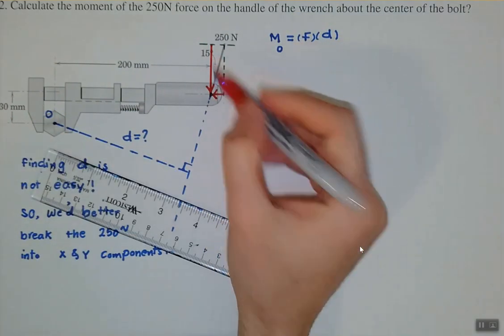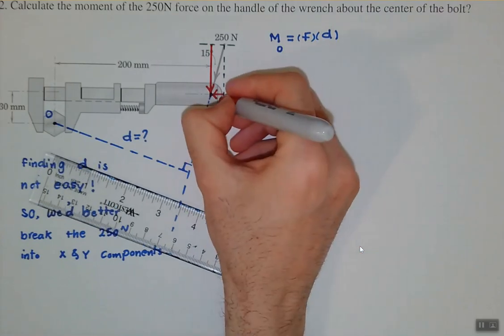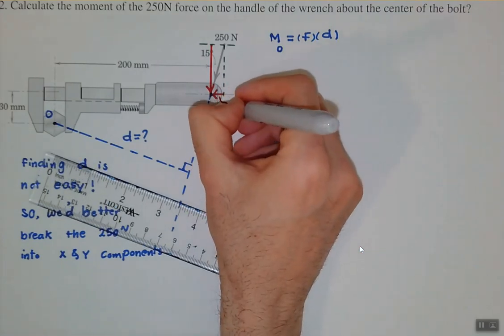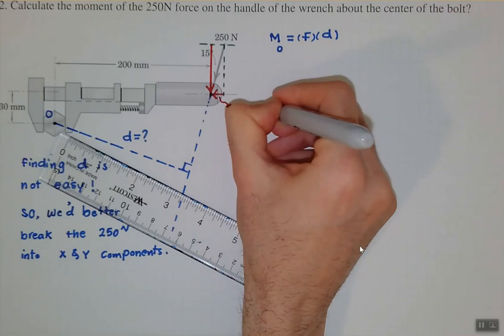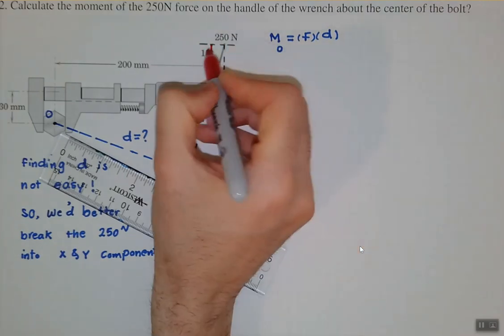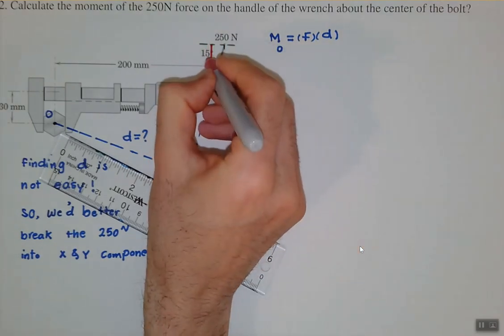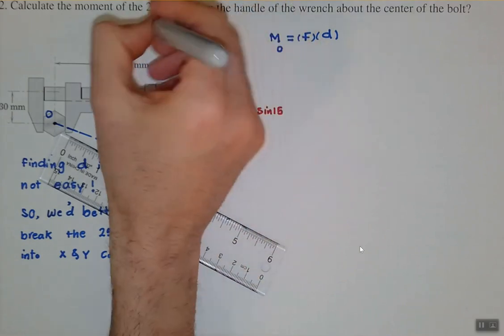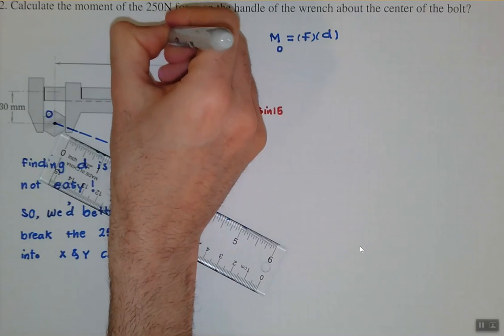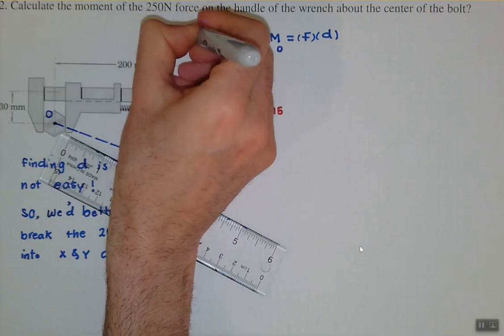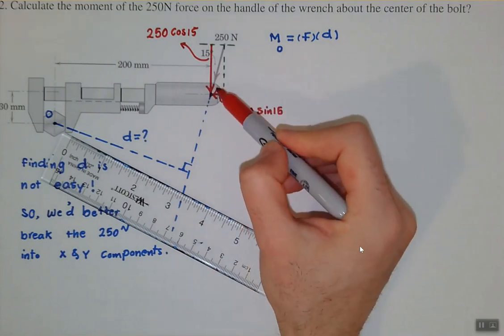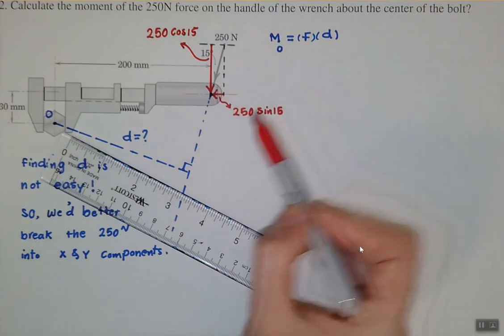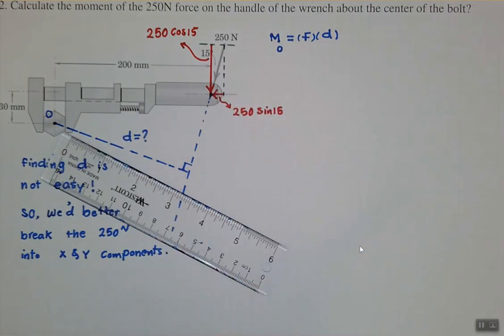So this angle is 15, therefore this small load will be 250 sine 15, and this one will be 250 cosine 15 degree. It doesn't matter if we use this 15 degree or not, if we find this angle to be 75 and write down 250 cosine 75 and so on. Basically they are the same, right?